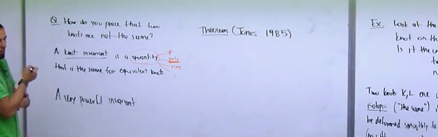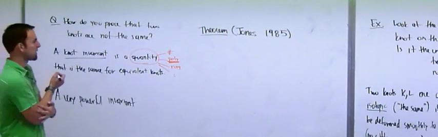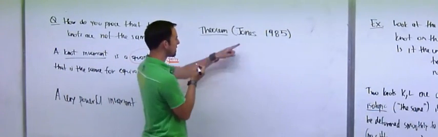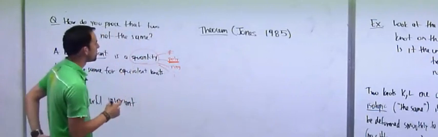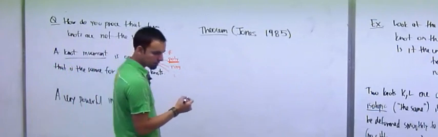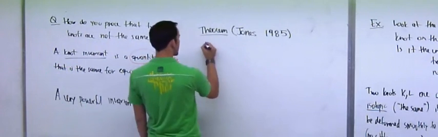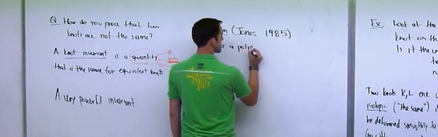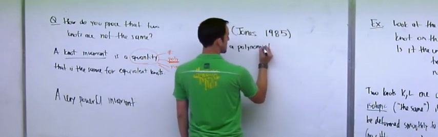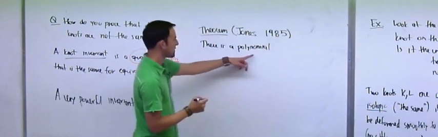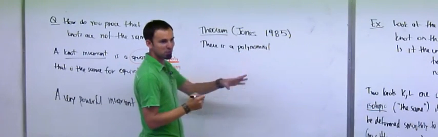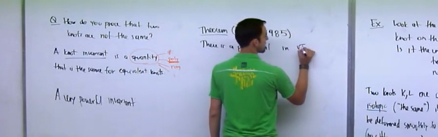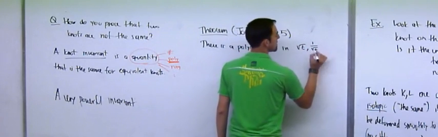This is one of the theorems that people really like that Vaughan-Jones proved, and one of the reasons why he got the Fields Medal a few years later. He proved that there is a polynomial. Now, this polynomial is going to have square roots and 1 over square root, so it's almost a polynomial, except you have some square roots.